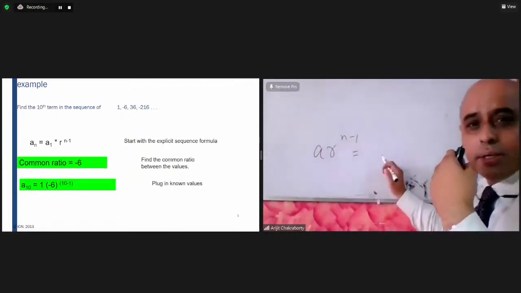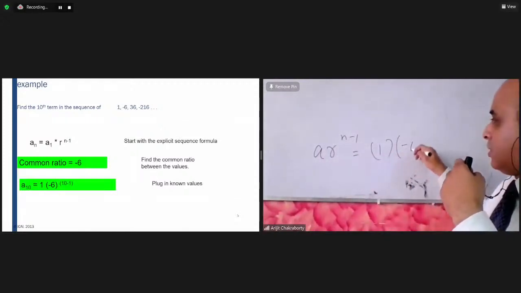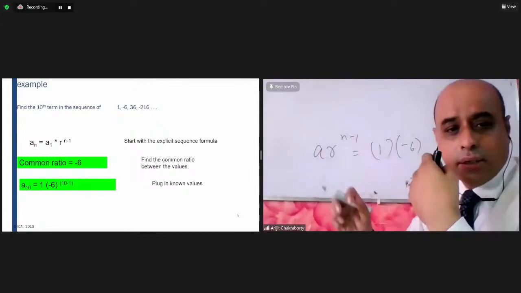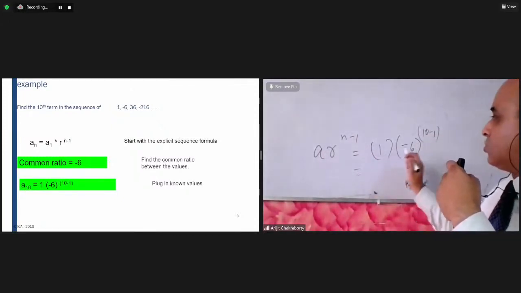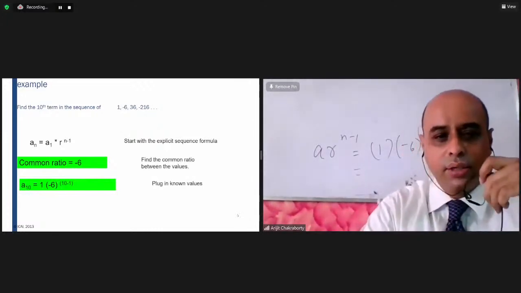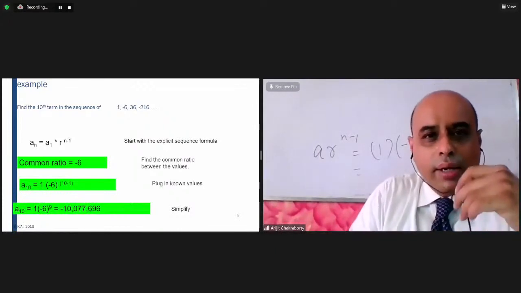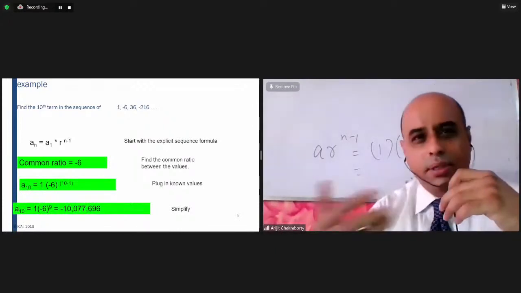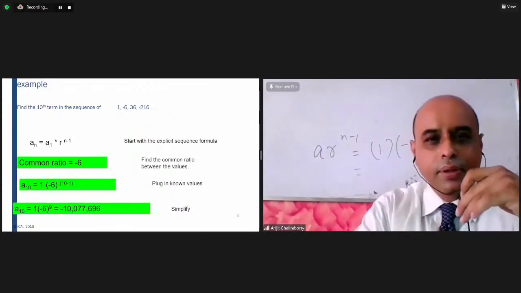So here A is 1, R is minus 6, n is 10. So it is to the power 10 minus 1, so it is 1 into minus 6 to the power 9. Just use the values, and a little bit of work on the calculator gives you the answer.